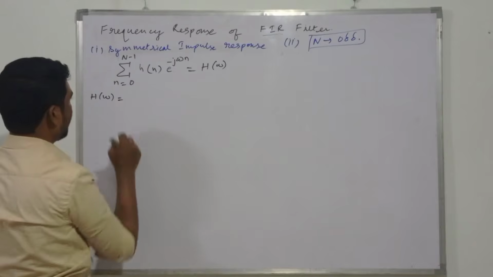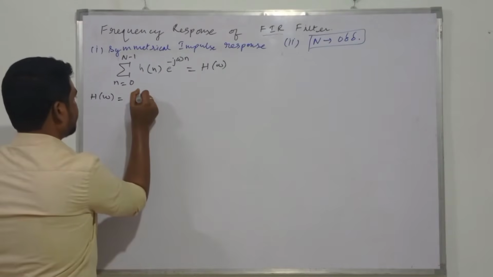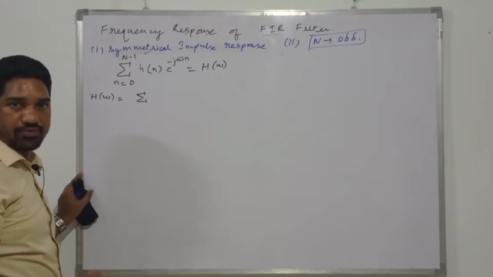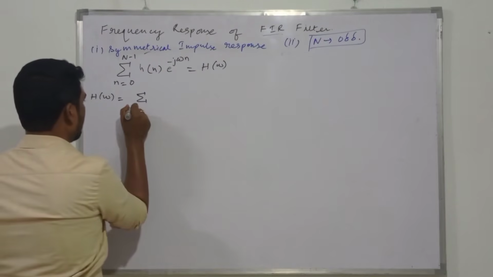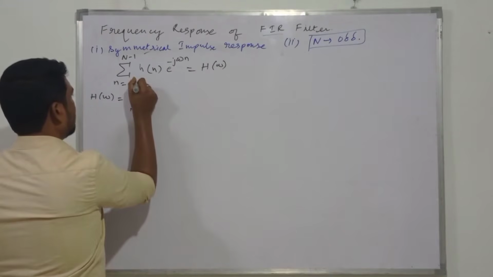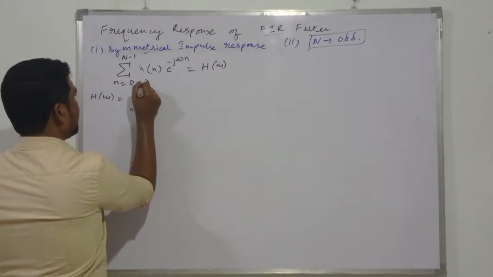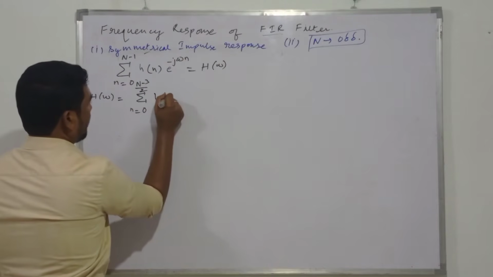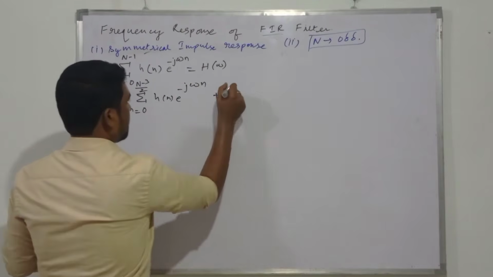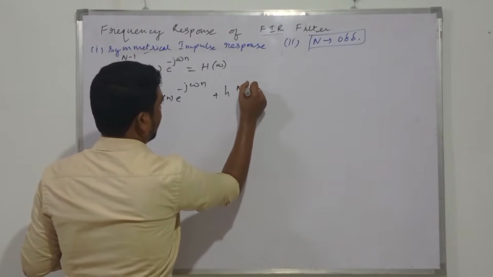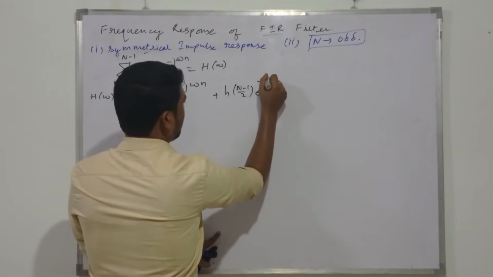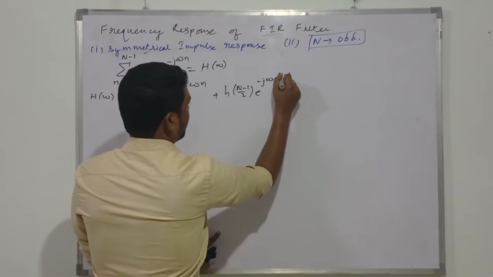Right, so a small rearrangement in the summation, H of omega is equal to a small rearrangement over here, guys. Splitting, we are talking about symmetrical, right? We have to find that point of symmetry. So let it start from n equal to 0 to (N minus 3) by 2, h of n e raised to minus j omega n, plus h of (N minus 1) by 2, e raised to minus j omega (N minus 1) by 2.